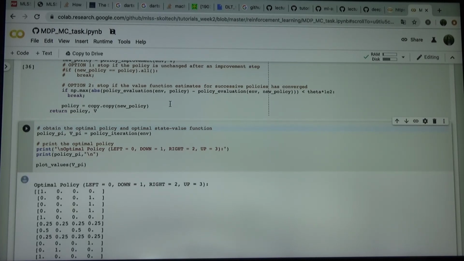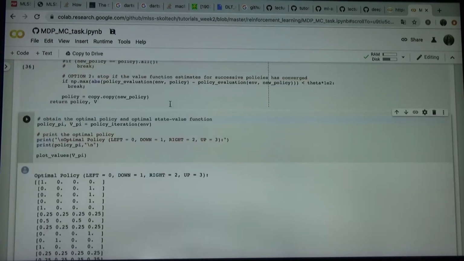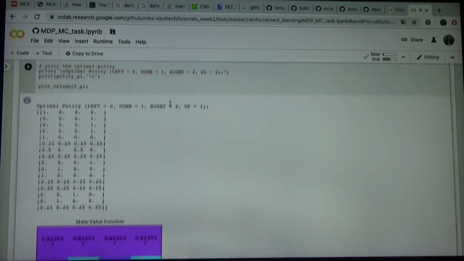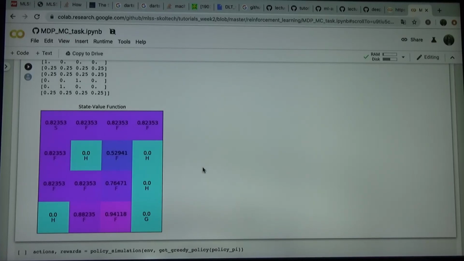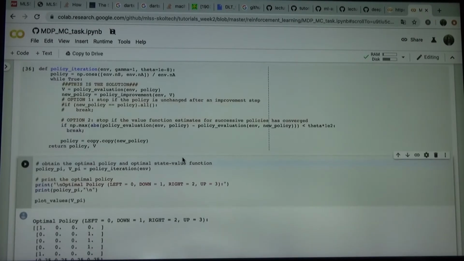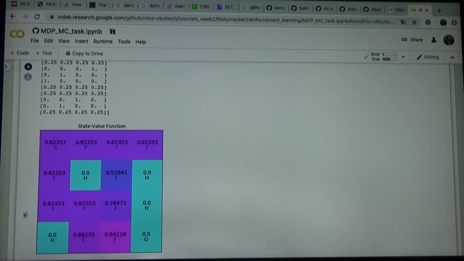Now we have been doing some policy iteration here. It has converged. And yeah, we plot the value function. You see, it's completely different from what we have seen before. The paths that we can take to get to the goal are much more prominent.